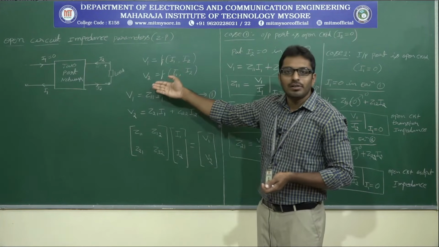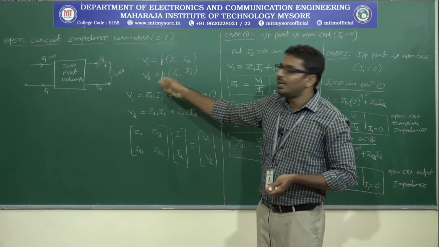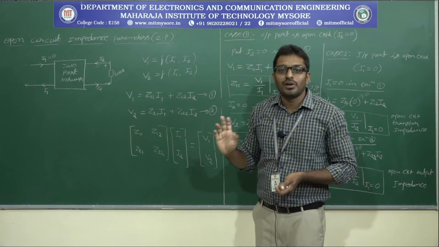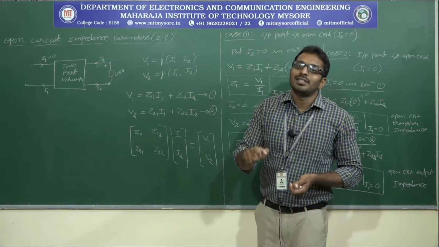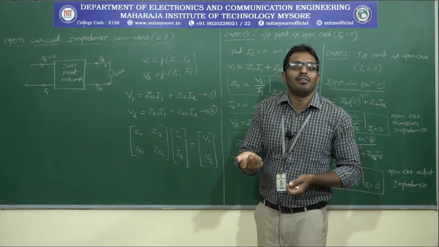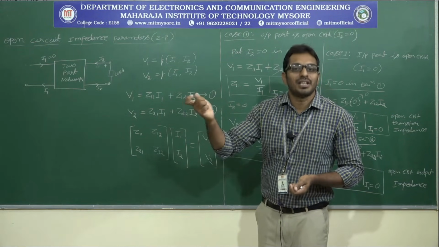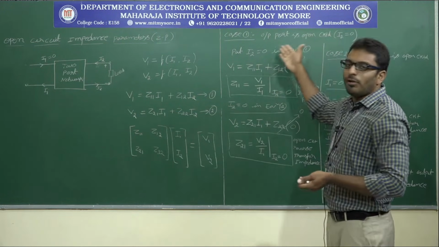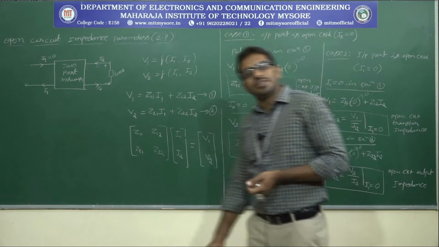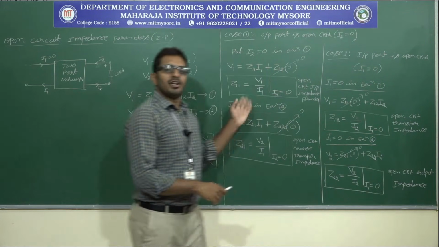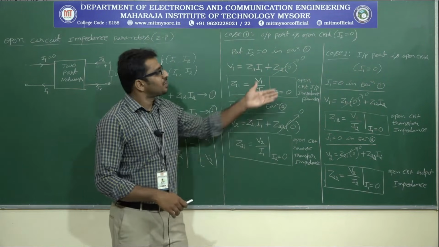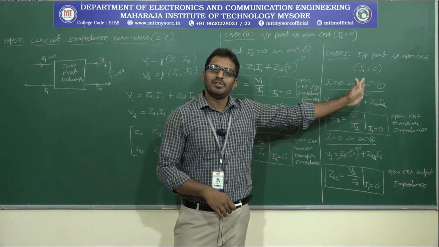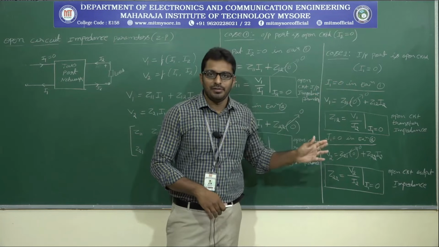So V1 and V2 are dependent variables, whereas I1 and I2 are independent variables. Z parameters are defined only when one of the ports is open circuited. So in case 1 the output port is open circuited: substitute I2 is equal to 0 in equations 1 and 2. In case 2 the input port is open circuited: substitute I1 is equal to 0 in equations 1 and 2.